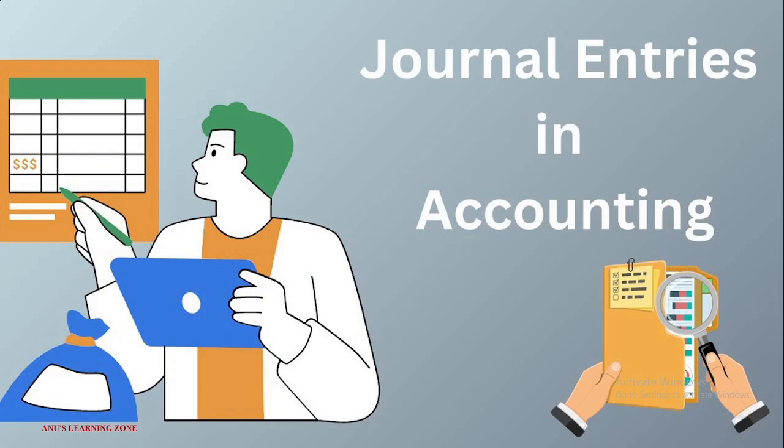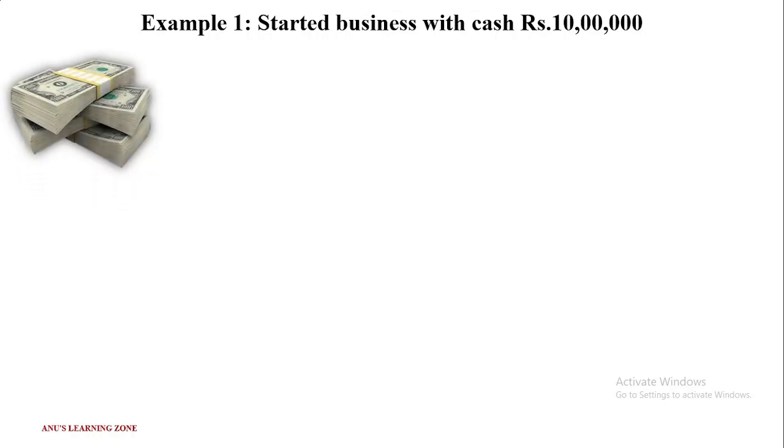Let us start with the first example, that is, started business with cash rupees 10 lakh. As the business started with cash worth rupees 10 lakh, the first and foremost account that we can identify from this simple transaction is cash.